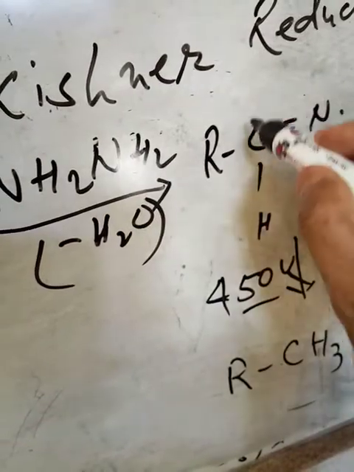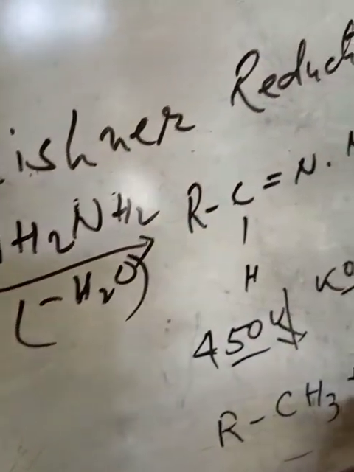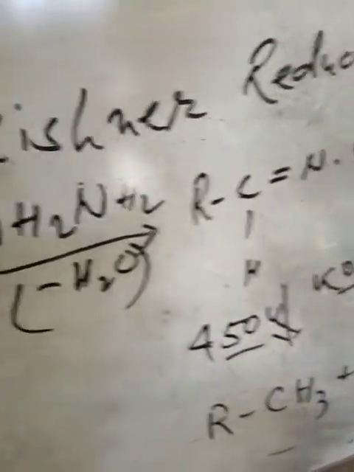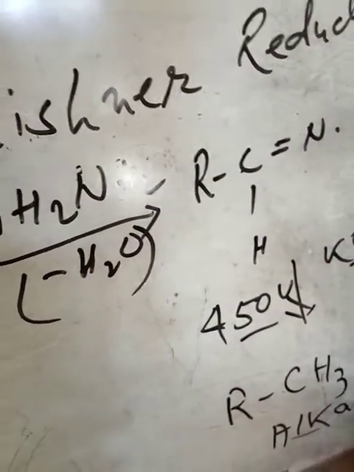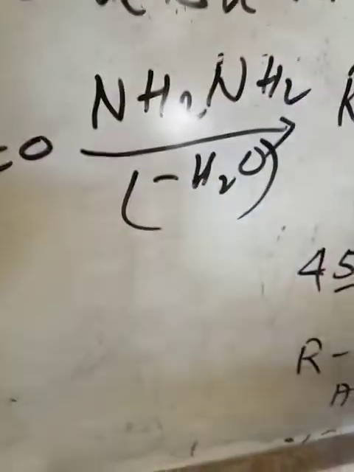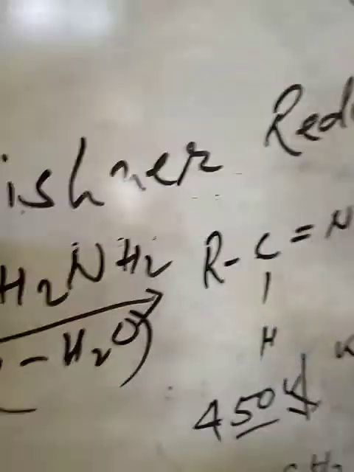H2 will be added to this carbon and nitrogen will be eliminated. This is alkane. You can also perform these reactions with ketones. This is called Wolff-Kishner reduction.